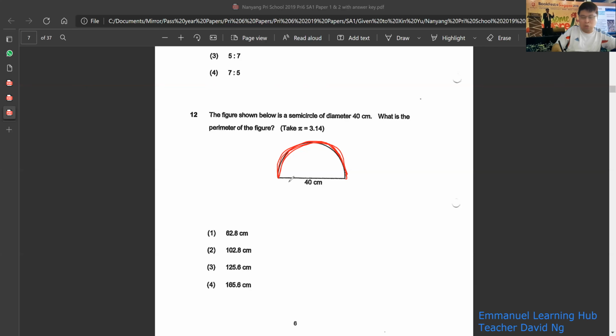Then you need to know you need to add this part. You do what I did, use your pen to highlight this part, and have a mental note that half pi d is this, or pi r is this.